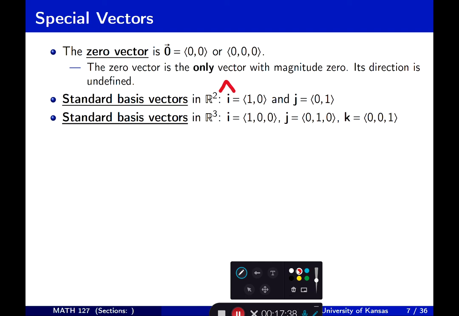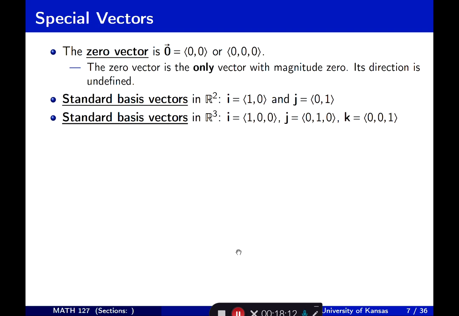You may know that better. So i is first component 1, second component 0, and j is second component 1, the other component 0. And the standard basis in R3 again: i is the first component 1, everybody else 0. j is the second component 1, every other one is 0. k is the third component equal to 1, the other ones are 0.